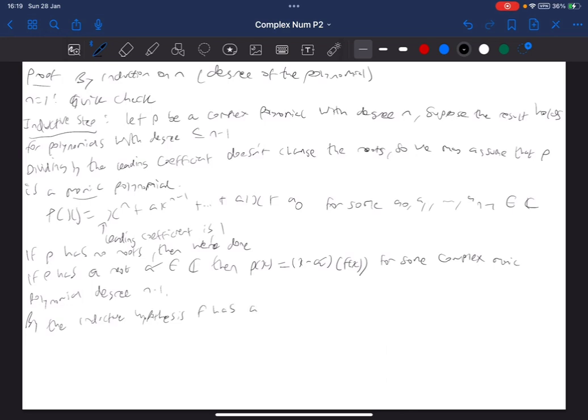F has at most n-1 roots, and any root of P is alpha or a root of F, and so P has at most n roots, and that will complete the proof.